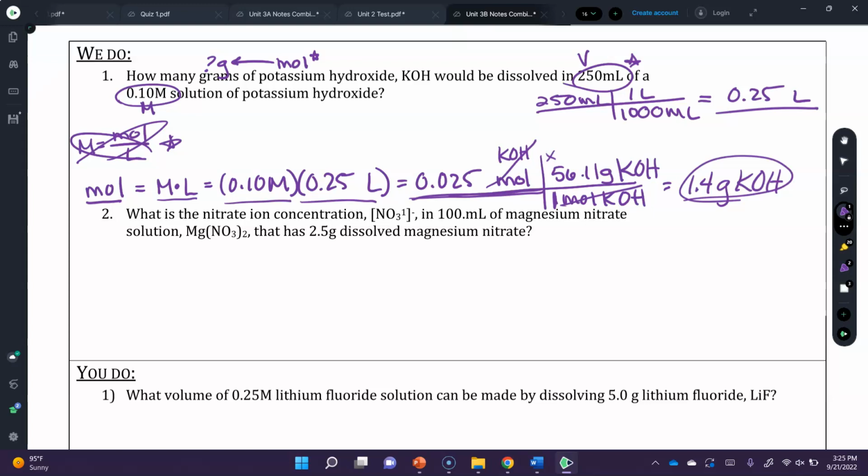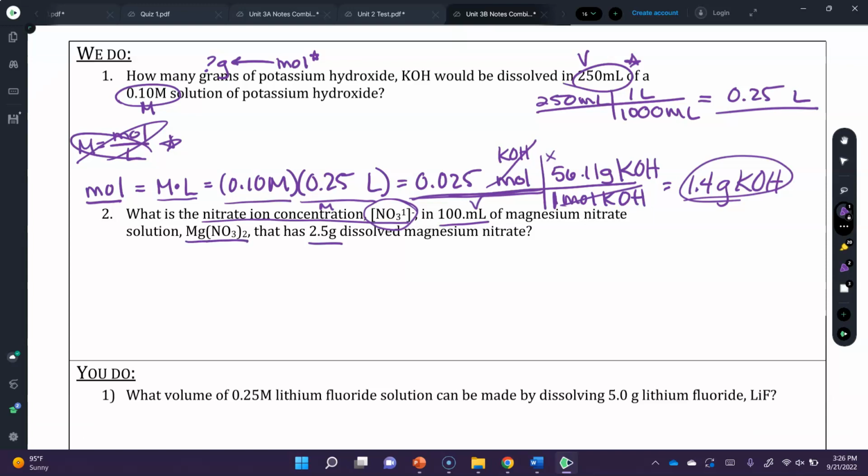Okay, so now we're going to look at the next one. What is the nitrate ion concentration? So we want to know the molarity, but of the ion, in 100 milliliters. So that is a volume of magnesium nitrate solution that has 2.5 grams of dissolved magnesium nitrate. So this is going to be similar to question 2 in the I do, where we do need to convert the final concentration of magnesium nitrate into just nitrate using a ratio.